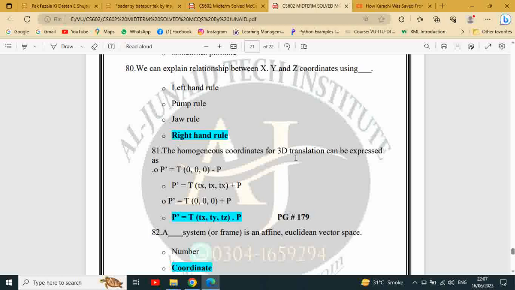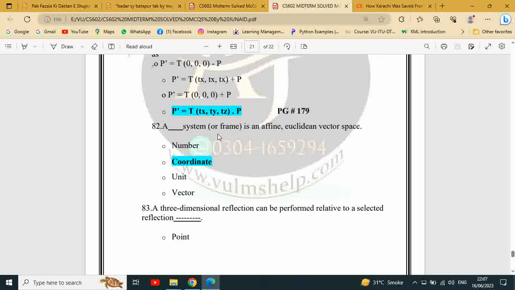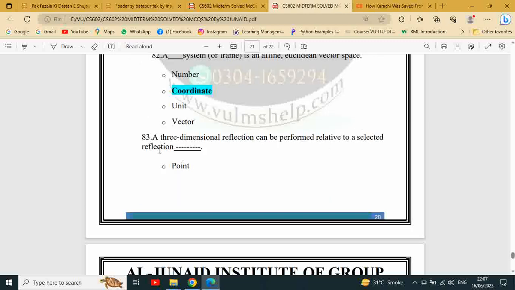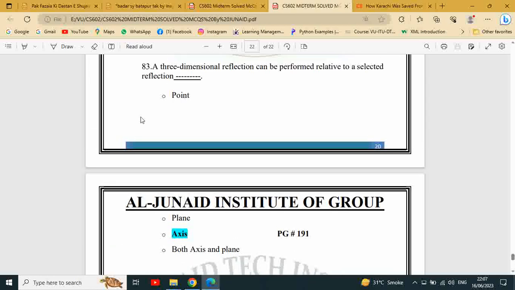The homogeneous coordinates of 3D translation can be expressed as P' = T P. A coordinate system or frame is an affine Euclidean vector space. A three-dimensional reflection can be performed relative to a selected reflection axis or a reflection plane.